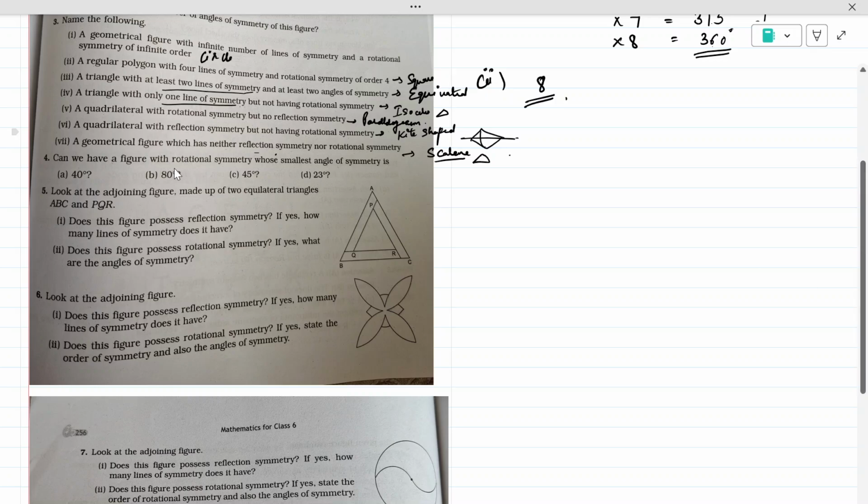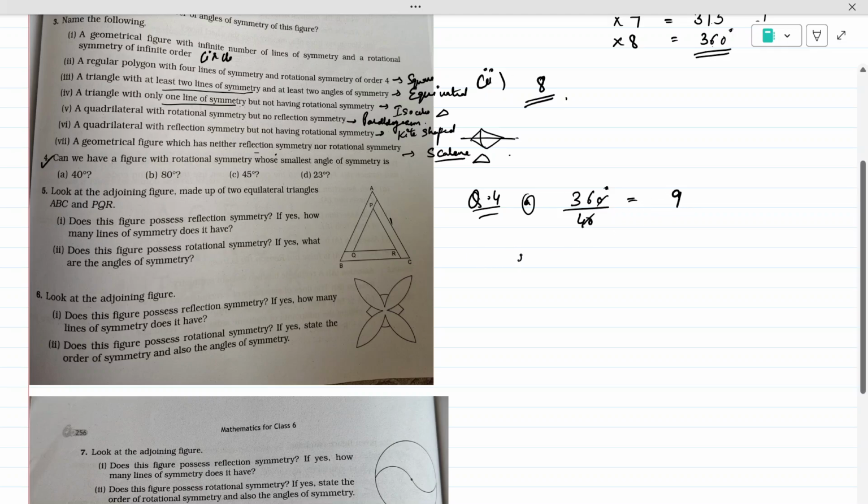Next, can we have a figure with rotational symmetry whose smallest angle of symmetry is 40 degree, 80 degree, 45 and 23? So we know how we have to identify it. What are we going to do? We are going to divide 360 degree with the given angle. So for A, it is a complete whole number, which is 9. It is possible.